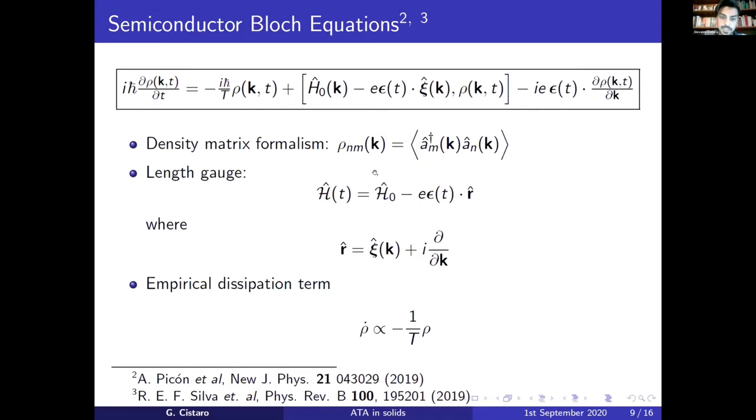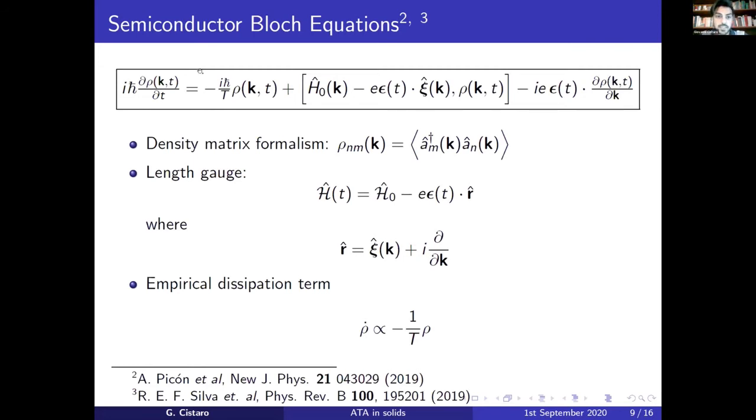So our Hamiltonian is the Hamiltonian of the condensed matter system, plus a term that is time dependent, and in particular is equal to the usual electric potential. What is particular in condensed matter is that the position operator takes this weird form. We have a contribution from the Berry connection, and another contribution that makes the system move forward in k space.